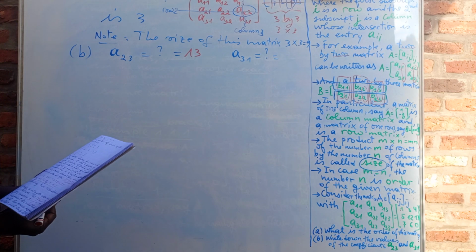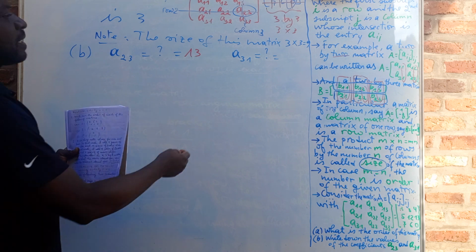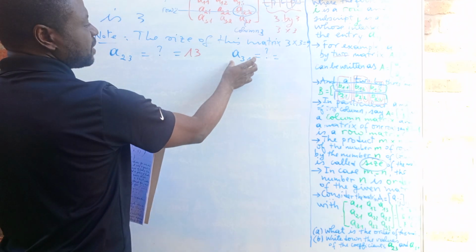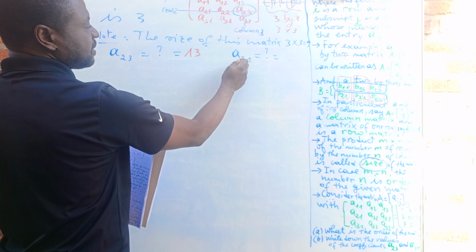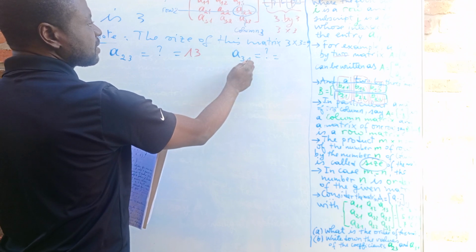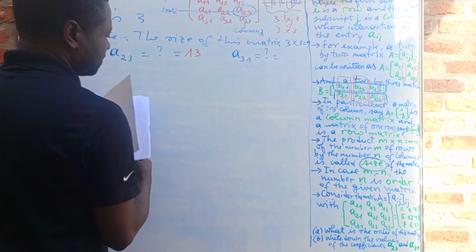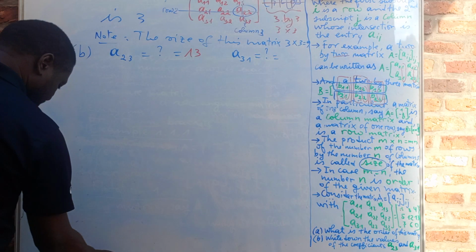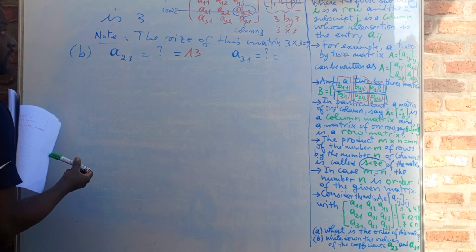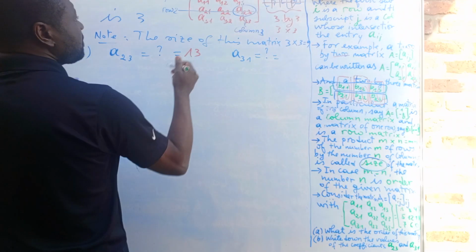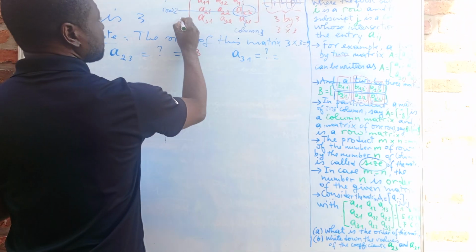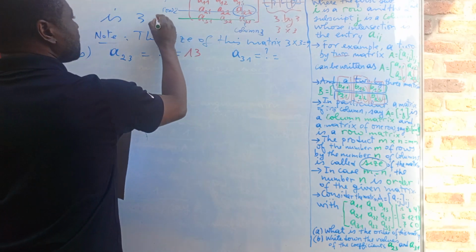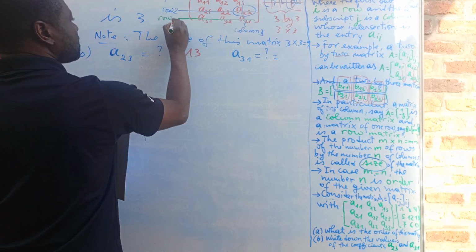Okay, now what is the coefficient located at the third row, first column? Once again, let me use a different color. In this case, A3, we are at row number 3.